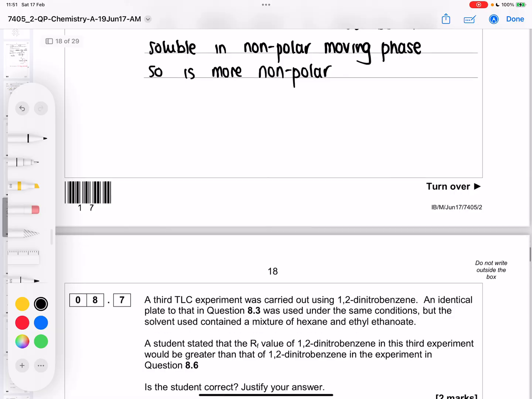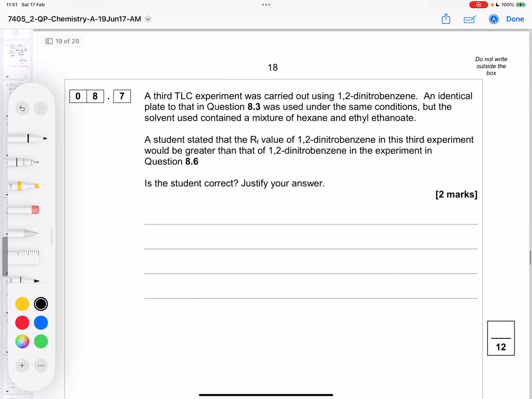Okay, the question continues. A third TLC experiment was carried out using 1,2. An identical plate, so remember this was our polar plate, was used under the same conditions, but the solvent now suddenly has both these two chemicals in, and this one is polar, so the solvent is suddenly more polar.